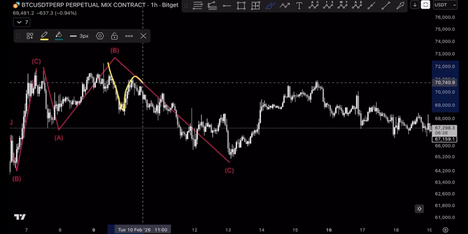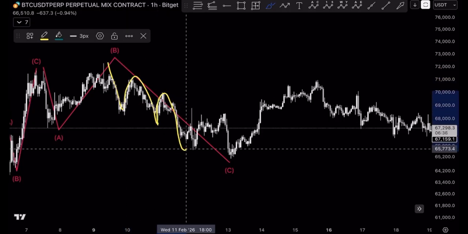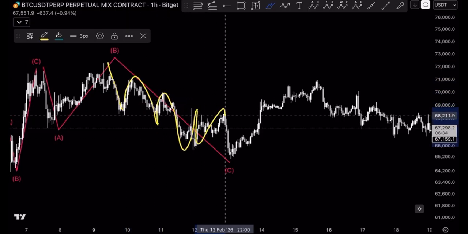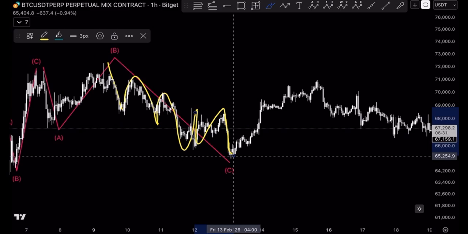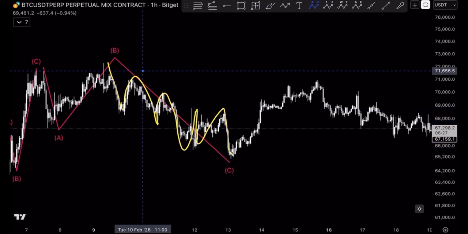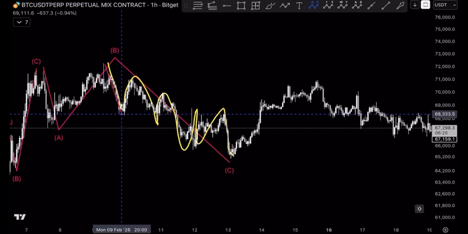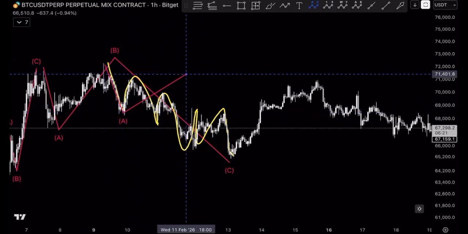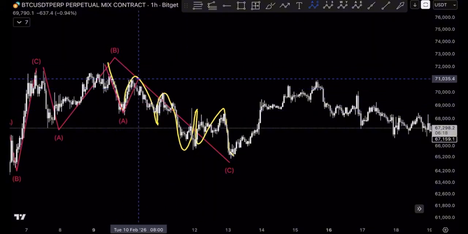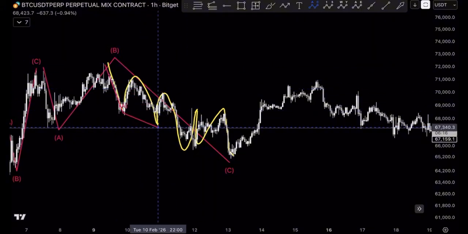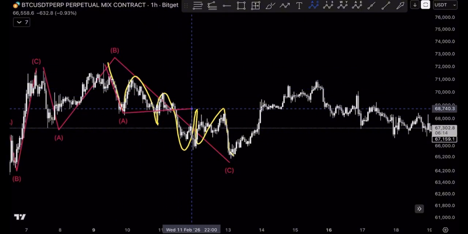A correction down, a correction up, a correction down. So you could understand that this is also another ABC inside the B to C structure. A, B, C. So this was 1, A, B, C. So this was 2.